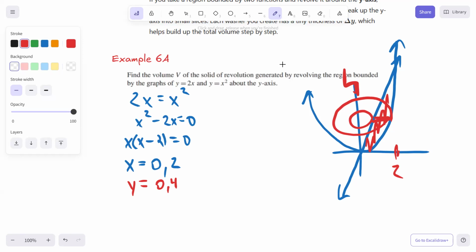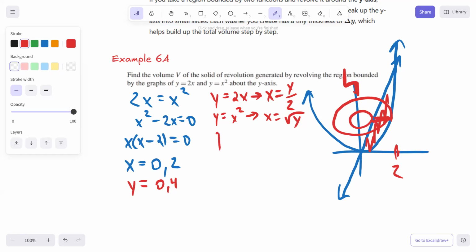If I take y equals 2x, that means x equals y over 2. And if I have y equals x squared, then x equals square root of y. You have to be careful here because it could be plus or minus square root of y, but the region is the positive y values here, so you would have the positive square root of y.